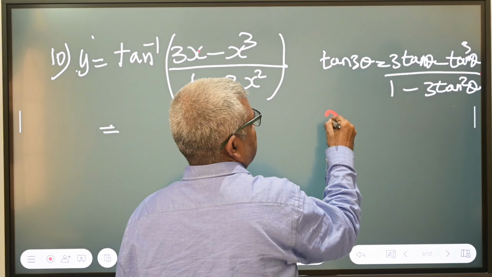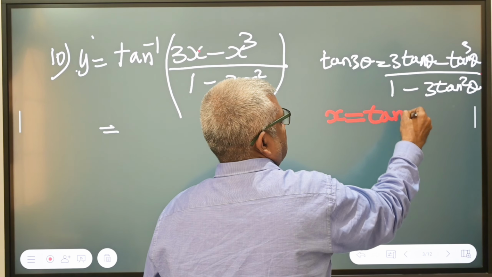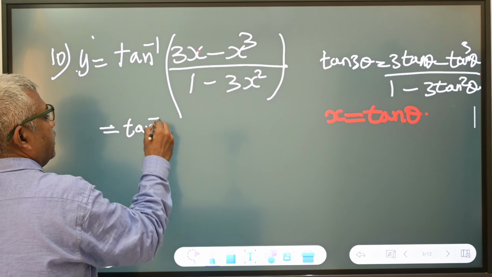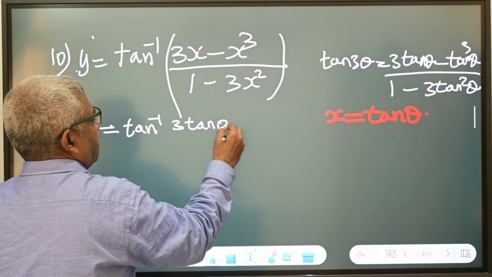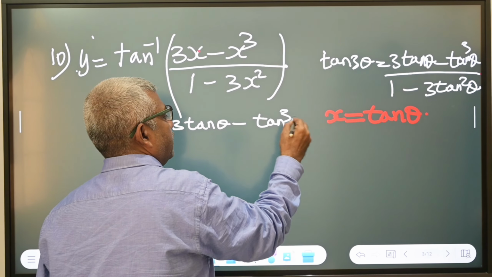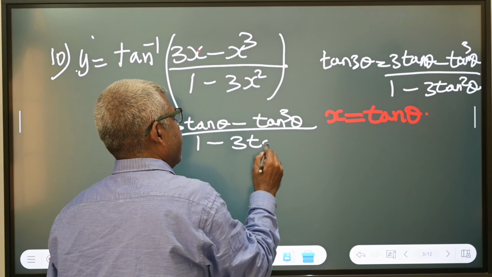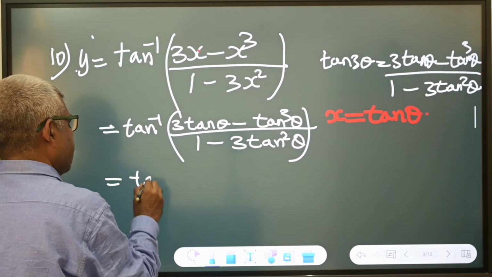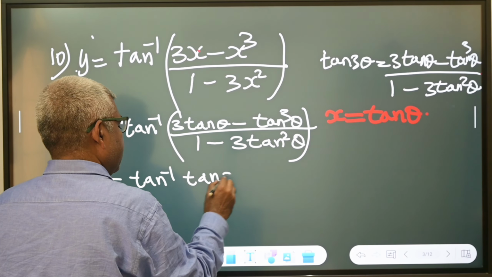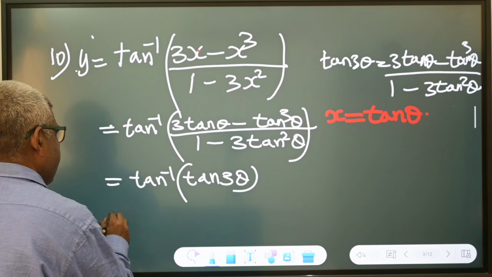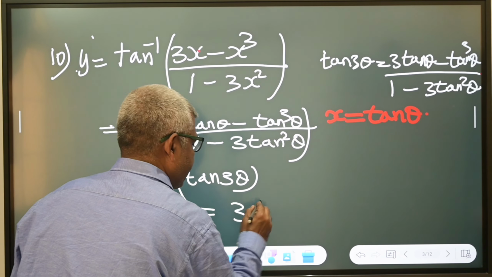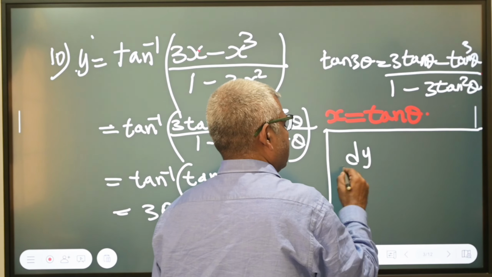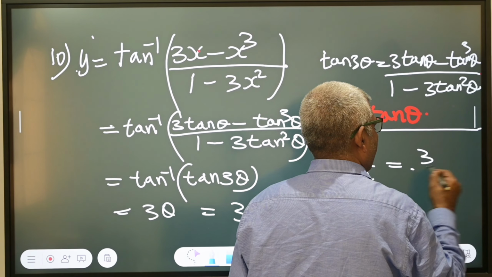What will happen? Tan inverse of 3 tan theta minus tan cube theta divided by 1 minus 3 tan square theta is tan inverse tan 3 theta, which is 3 theta, which is 3 tan inverse x. So dy by dx is equal to 3 by 1 plus x squared.